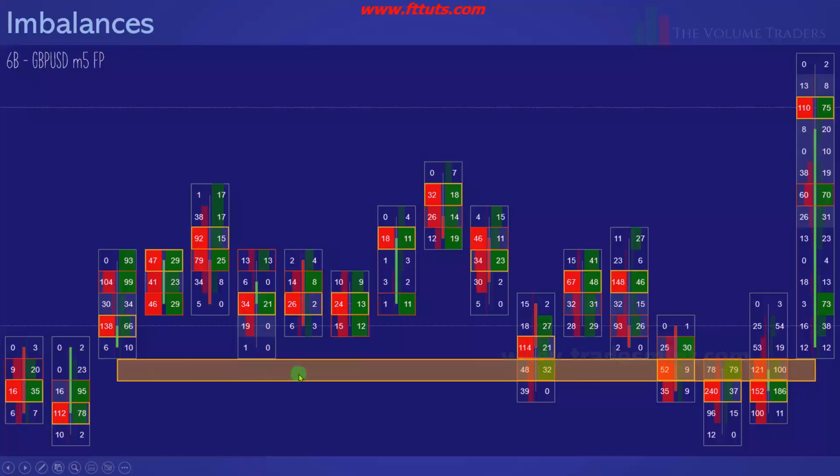And I have marked here support, which played out perfectly. With Cluster Delta, you can automate this process, as I mentioned previously, with good settings. But on NinjaTrader, if I want to trade 6B contracts, I'm manually looking for my imbalances because it's working this way for 6B perfectly.